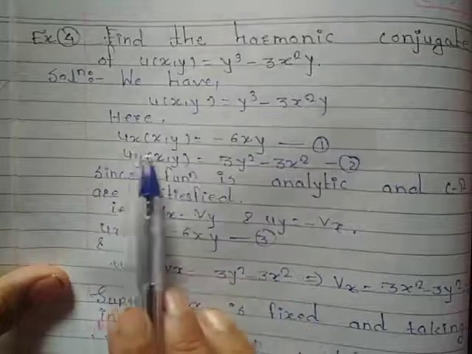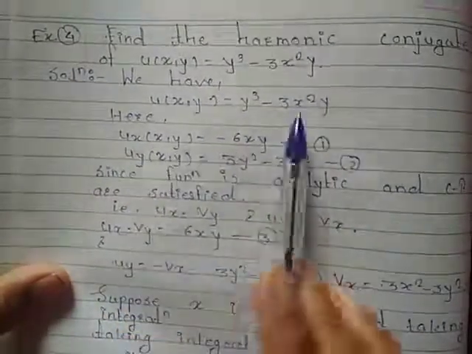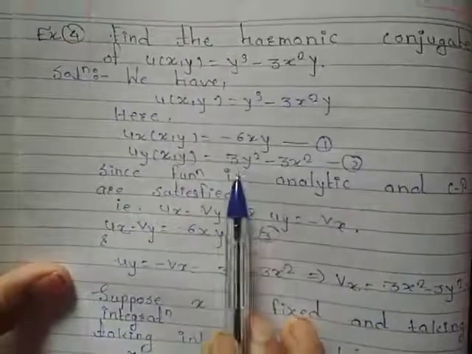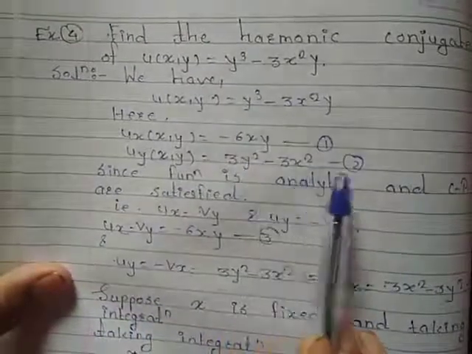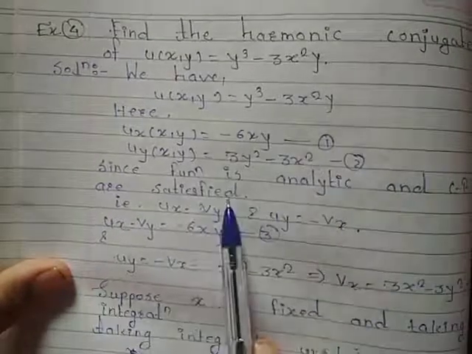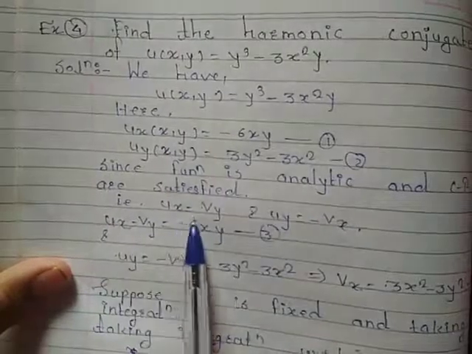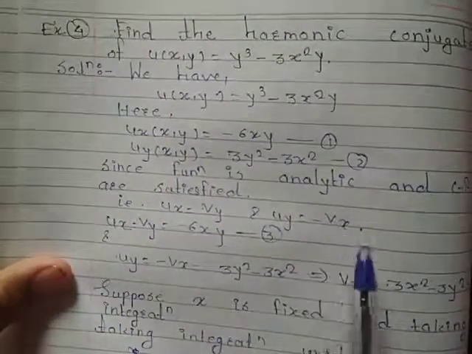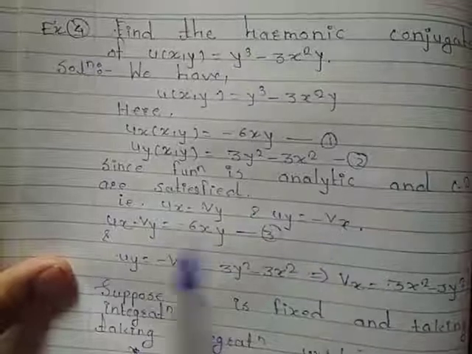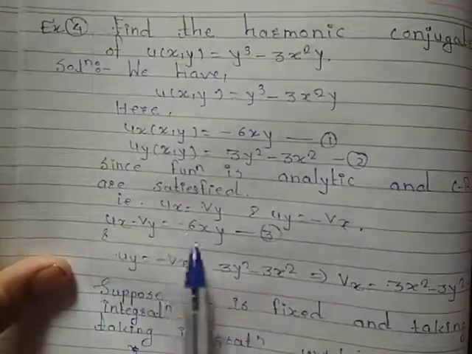Differentiating u with respect to x, we get minus 6xy. Differentiating u with respect to y, we get 3y square minus 3x square. Since this function is analytic and the CR equations are satisfied, we get u_x is equal to v_y and u_y is equal to minus v_x. So u_x is equal to v_y, which is equal to minus 6xy.